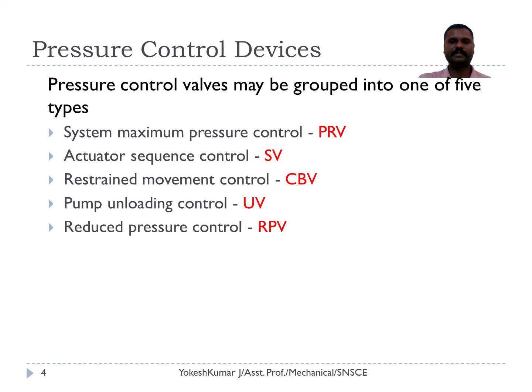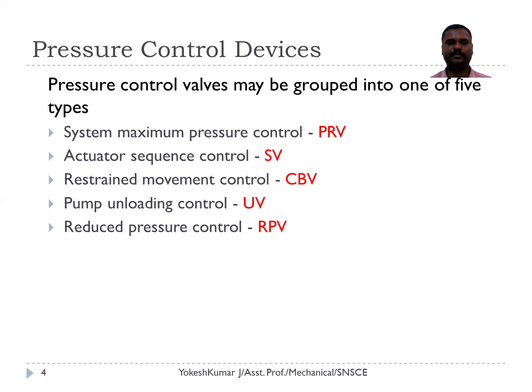These are the various categories of pressure control valve. It is categorized into 5 types to control various parameters. If we control the system maximum pressure, we have to use the pressure relief valve, PRV.